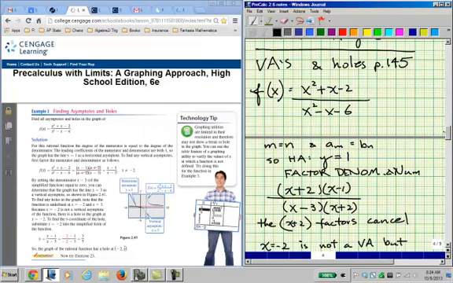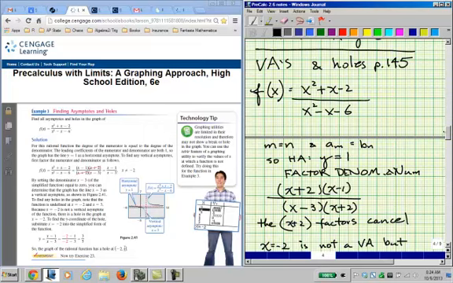Meanwhile, let's recognize that m equals n, so the degrees of the numerator and denominator are the same, and the coefficients are the same. So the horizontal asymptote would be in the ratio of 1 over 1. So y equals 1.